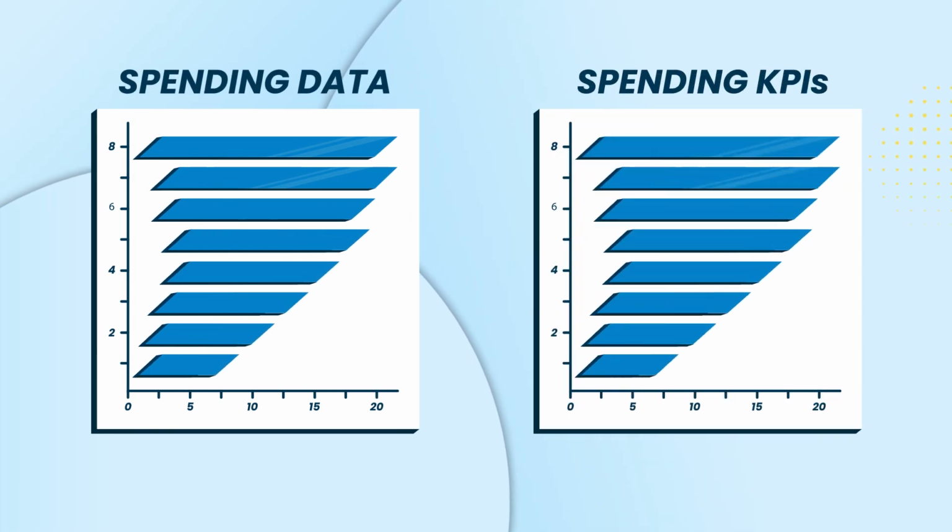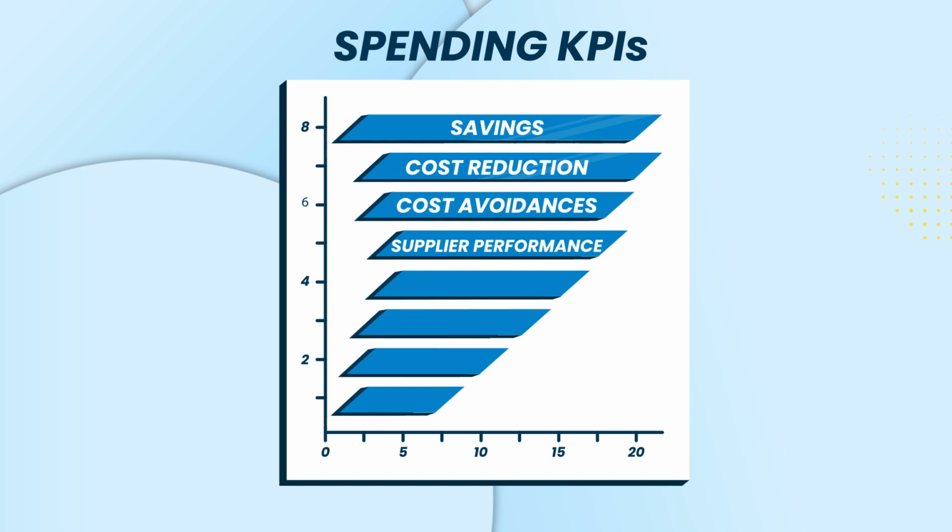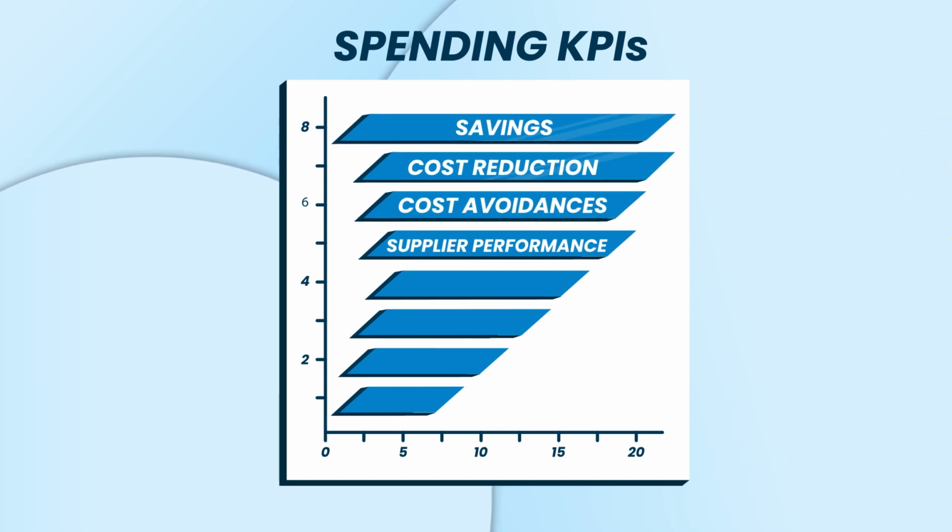Step 6 is all about analyzing your data. You need to compare the data with spending KPIs like savings, cost reduction, cost avoidance, and supplier performance. If there are no spending KPIs, it's a good idea to identify them to measure your future spending performance.